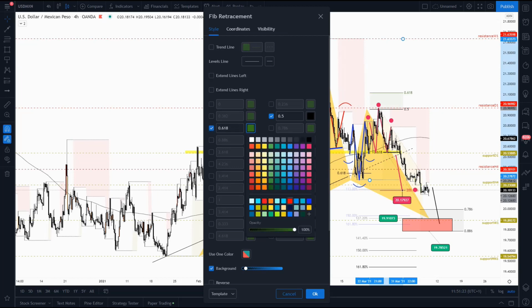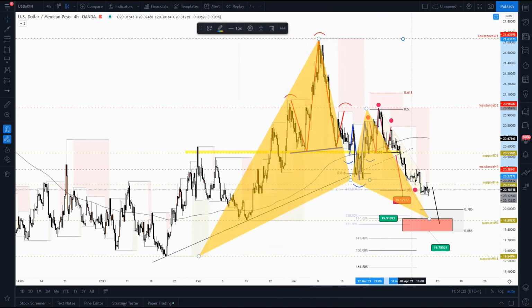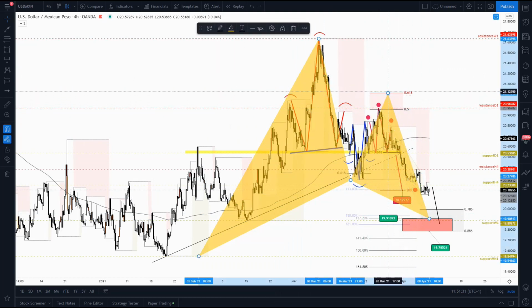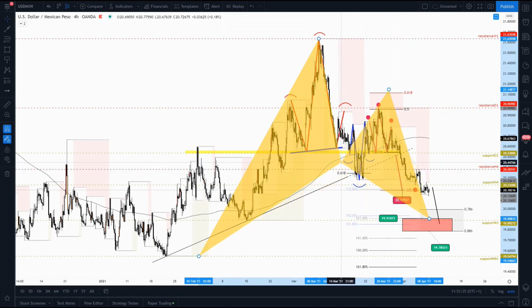So that's one of the criteria to see the formation of the Gartley pattern. I need to see the price also filling the golden Fibonacci retracement at this point, very similar to the one at the bottom.